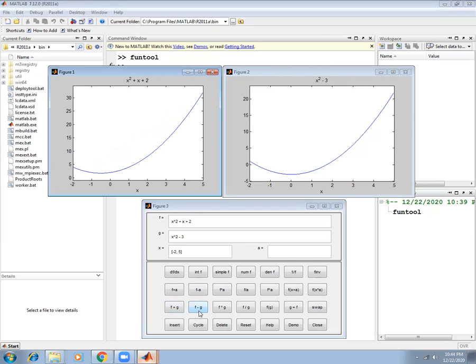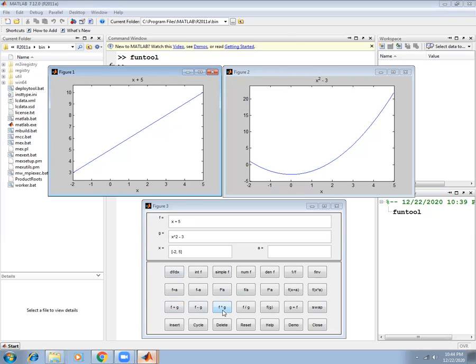Finding f minus g, subtraction of f of x and g of x. Clicking the control button f minus g, you can see again f is replaced by a new function which is the subtraction of f of x and g of x. x plus 5 is the new result, and figure 1 is displaying the curve of the function again x plus 5.